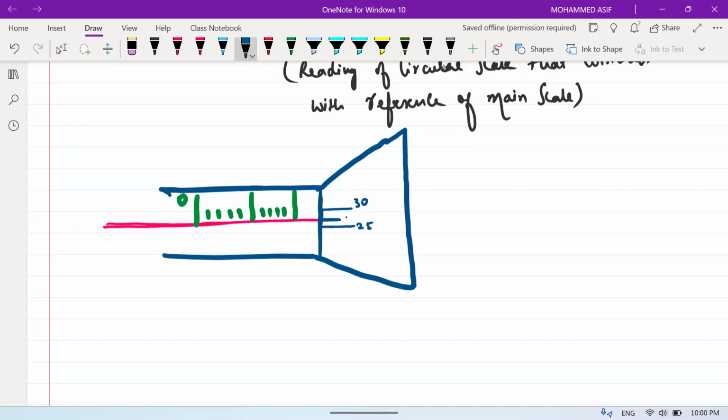That means this is 25, this one is 27, this one is 28, like that. Okay, am I clear with the diagram?